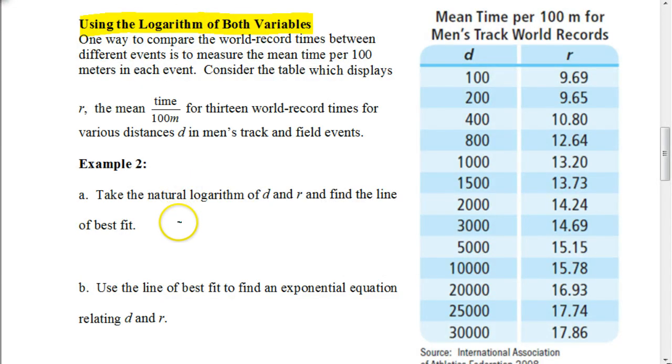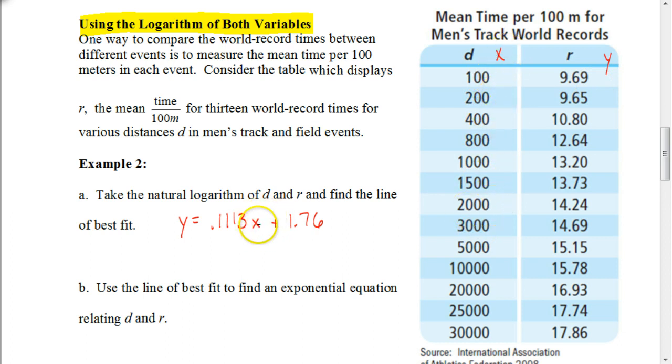So our equation for right now would be this: y equals 0.1113 times x plus 1.76. But remember, the x that we used in our graph was not these numbers. It was the natural log of these numbers.